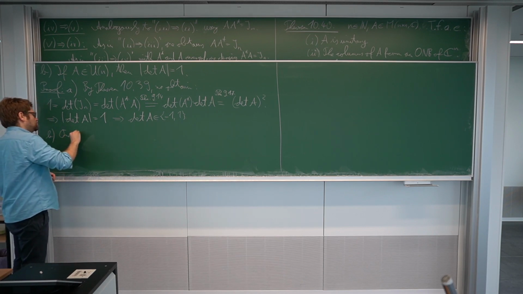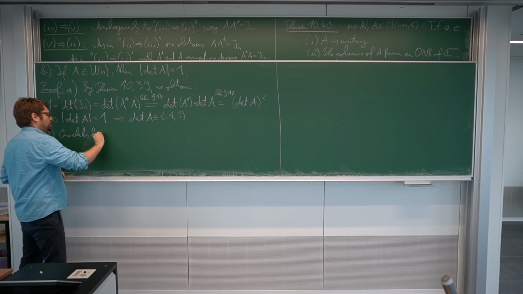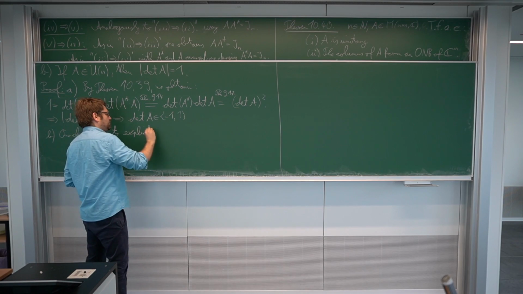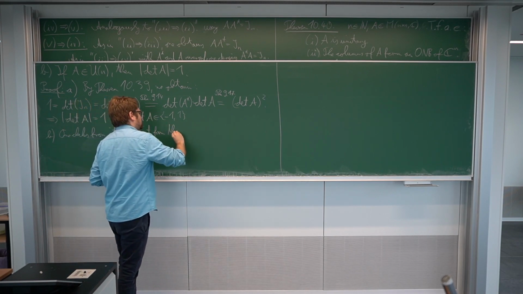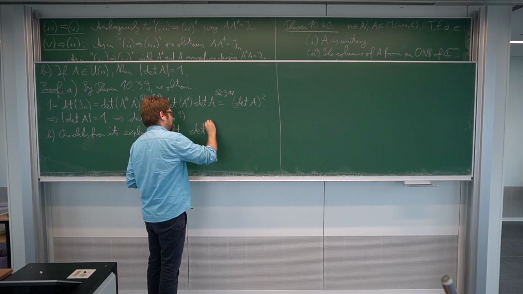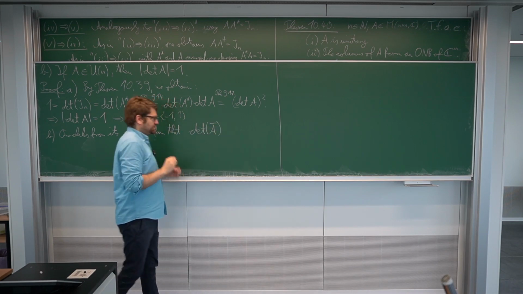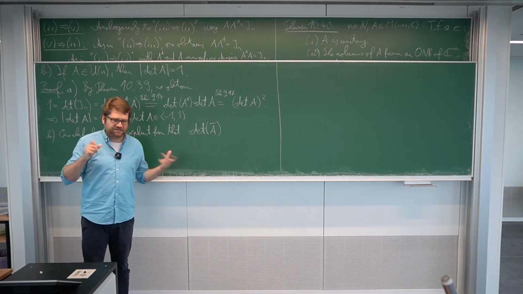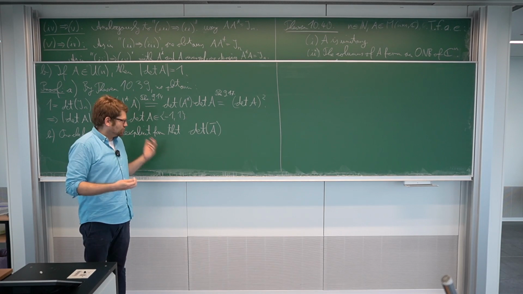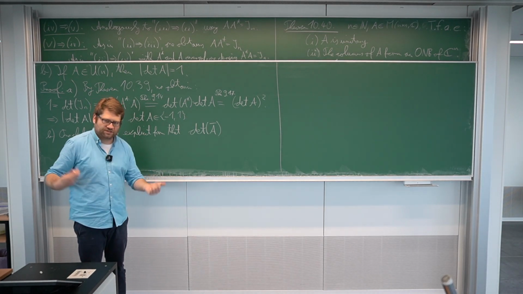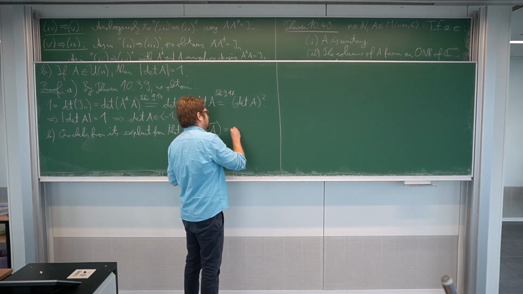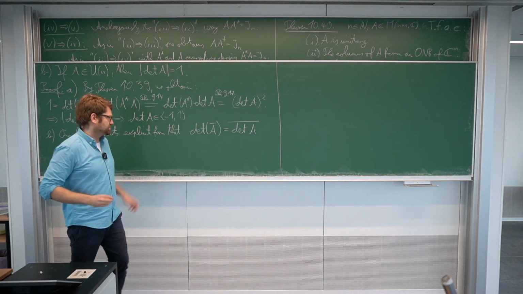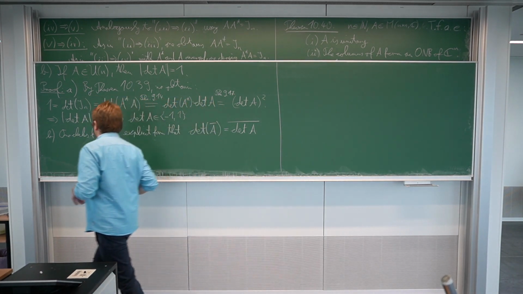One checks from its explicit form that the determinant of the conjugate of a matrix, so the determinant of A bar, where every entry is conjugated, since this formula is a sum over products of the entries, and since conjugation is compatible with taking sums and products of complex numbers, is the same as simply the determinant of A as a complex number conjugated. I will not prove this in detail, but it's easy to see from there.